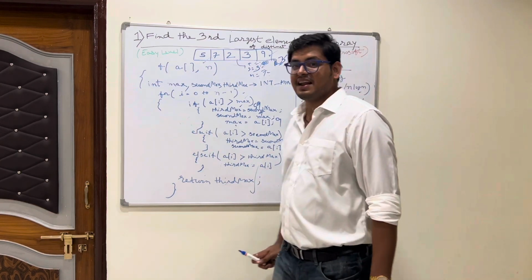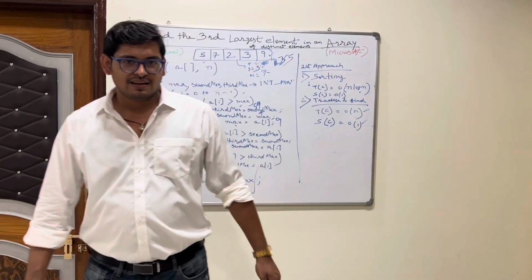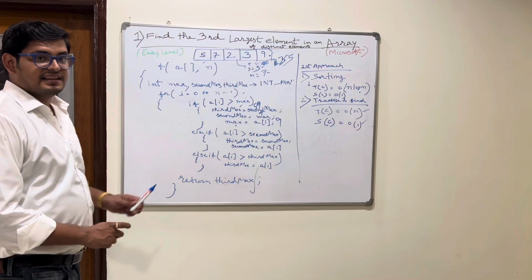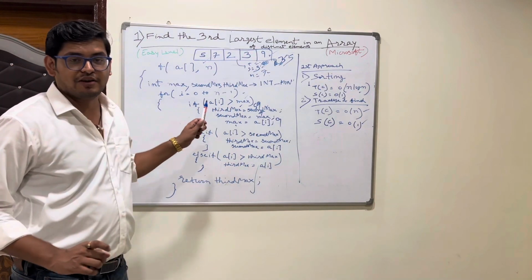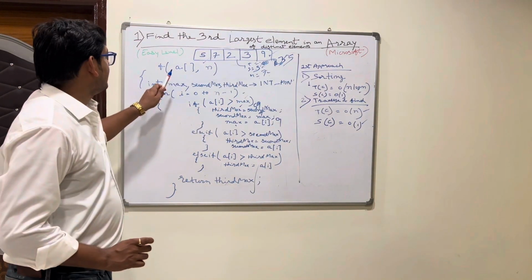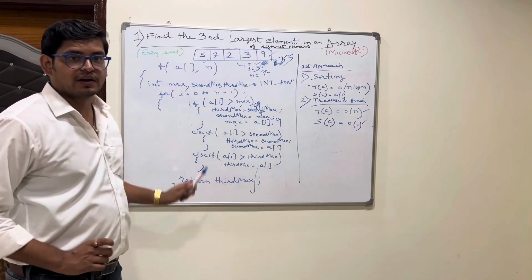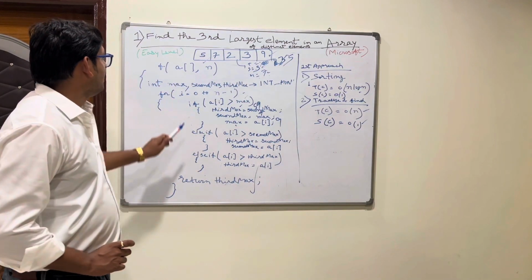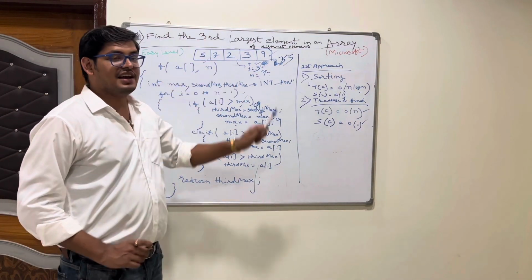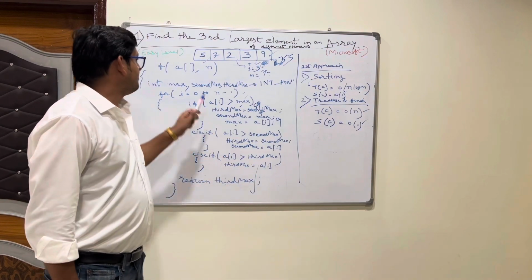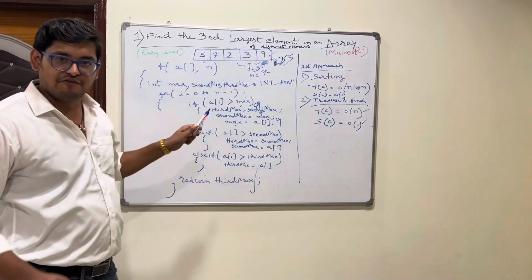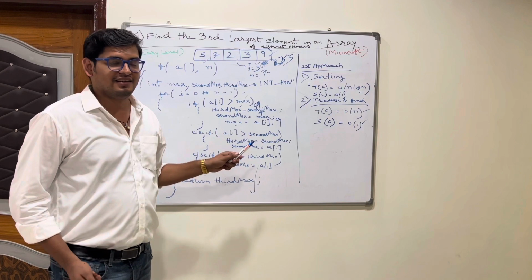Now, is there an edge case in this question? Finding out the edge case by yourself is very important. Is there any case where this solution won't work? Yes, right. What if the size of the array is 2? If there are only one or 2 elements, then do we have the third largest element? No, right?